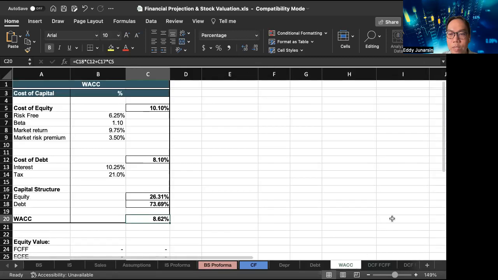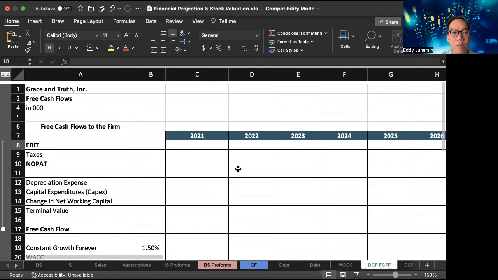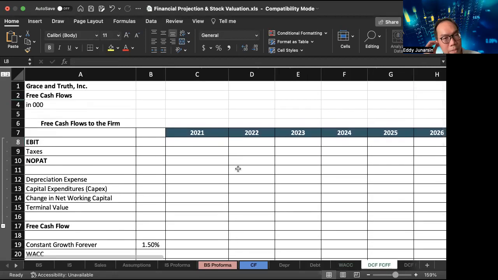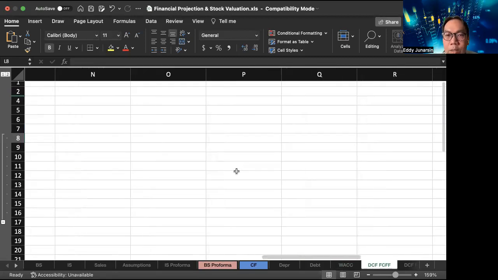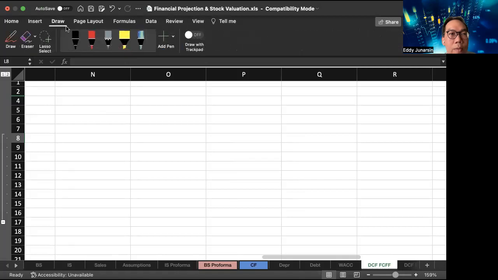So we have estimated the cost of capital, and we have two valuation methods, right? Free cash flow to the firm and free cash flow to equity holders. So start with the free cash flow to the firm. So how to estimate the free cash flow to the firm? I'll just do it here quickly.